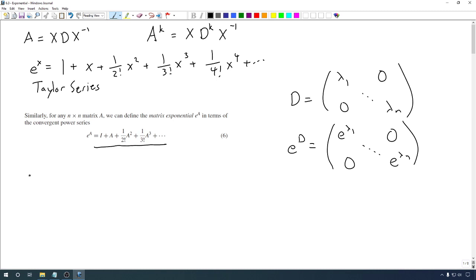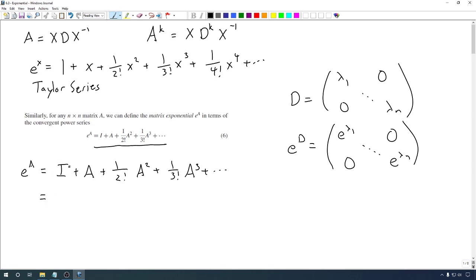And then, if we're looking for e to the A, because we have this formula here, what can we do? I'm going to go ahead and write out the formula. I can replace my A with X D X inverse, my A squared with X D squared X inverse, and so on and so forth.